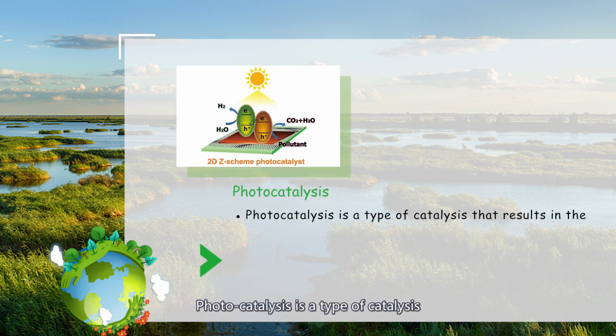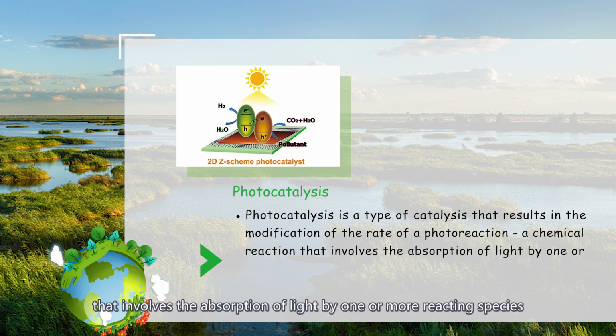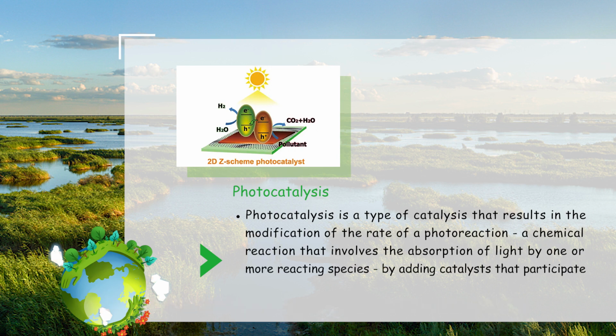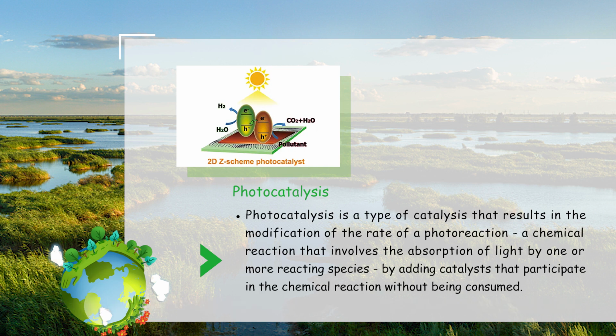Photocatalysis is a type of catalysis that results in modification of the rate of a photoreaction, a chemical reaction that involves the absorption of light by one or more reacting species, by adding catalysts that participate in the chemical reaction without being consumed.